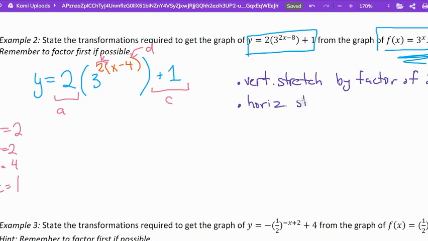There is a horizontal stretch by a factor of, what's it going to be, Sebastian? Beautiful. 1 over 2. Right? So for the horizontal stretch, that's when you do 1 over K. Okay. And then we've got 4 across and 1 up.